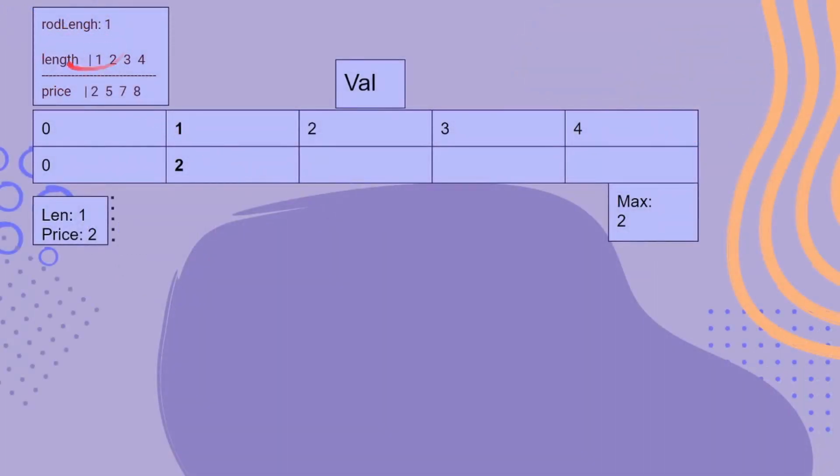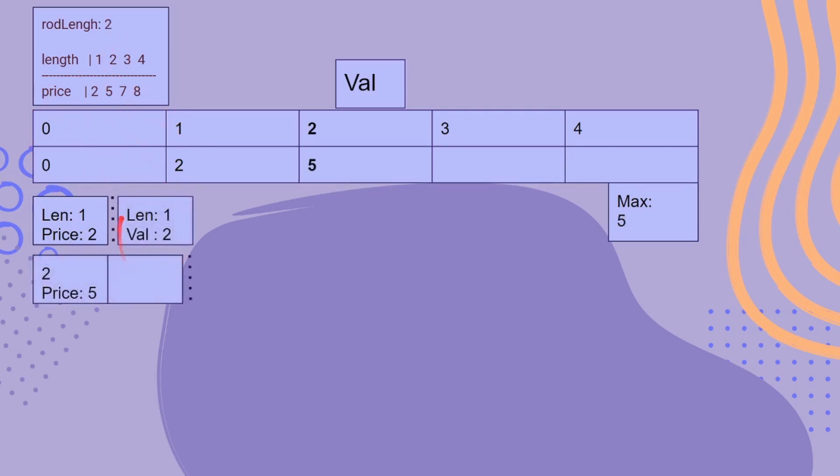So here the rod length is 1, right? So you're trying to find the max value. When you cut rod 1, you use the price, which is 2, and then you add 0.